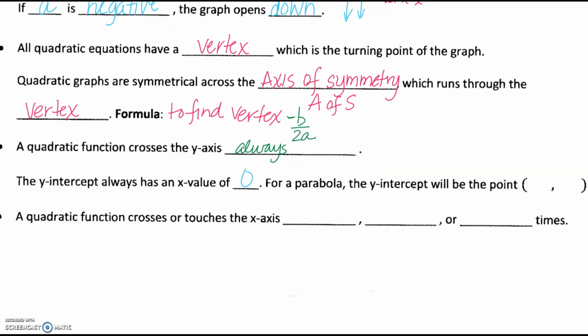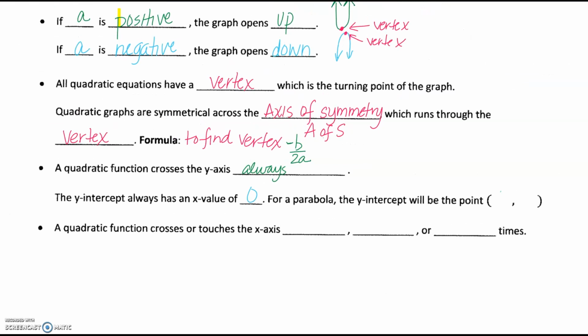For a parabola, the y-intercept will be the point (0, c). Where is c coming from? C is coming from our standard form. If we look back up at f of x equals ax squared plus bx plus c, whatever that value of c is, that's where it's hitting.